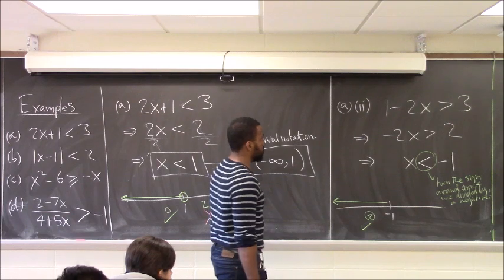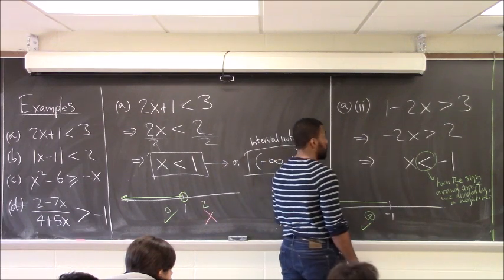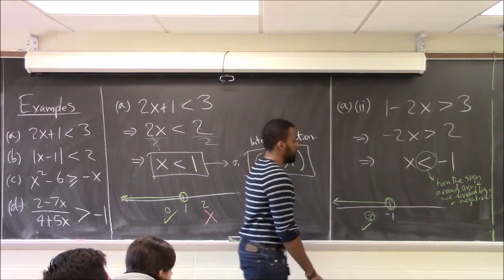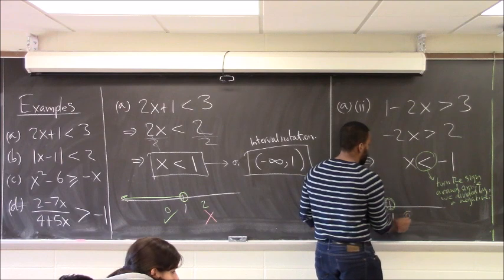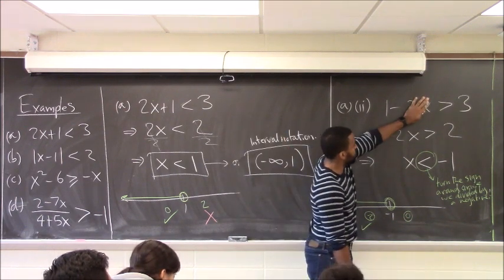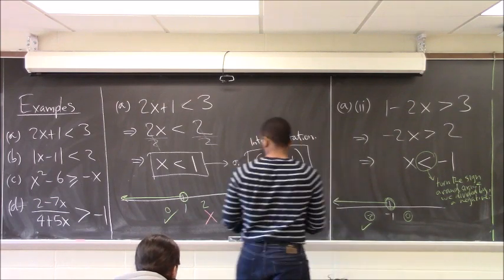If I plug in -1, that'll be 1 plus 2, which is 3, which is not greater than 3, so that's not there either. And if I plug in a number over here, like 0, I would get 1 is greater than 3. Well, that's not true. So over there it does not work.